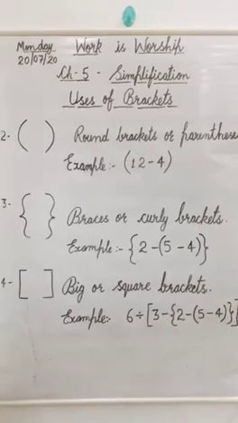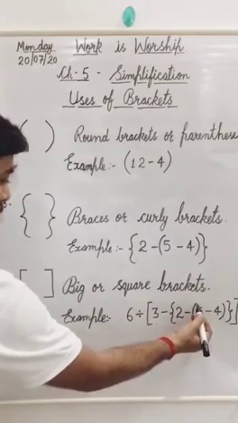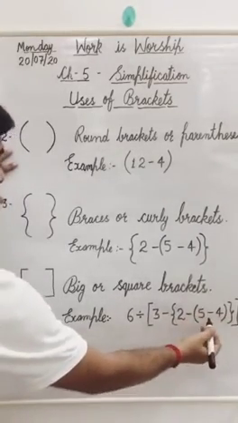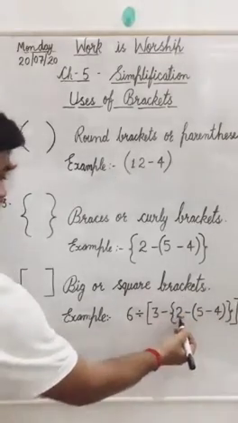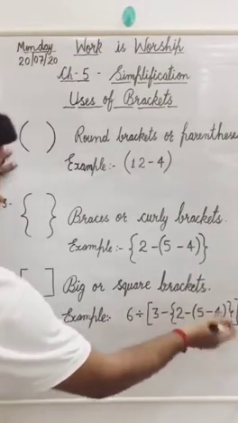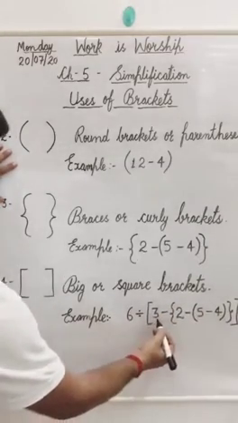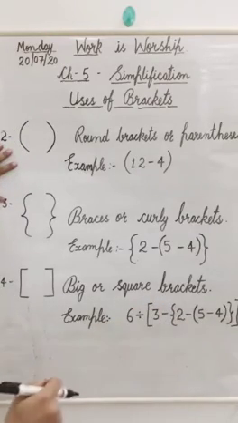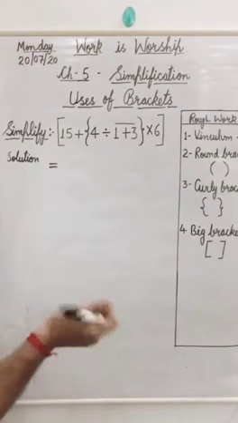So students, in order to solve the brackets in the problem of simplification, first of all we solve the operations inside the round bracket, then the operations inside the curly brackets, and after that the operations inside the large bracket or big bracket. Okay, let us solve an example to understand the brackets more effectively.